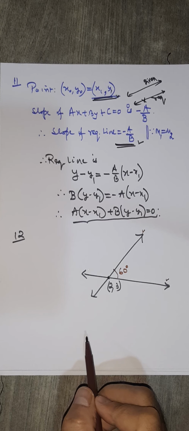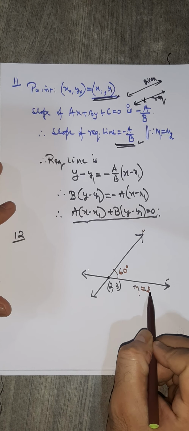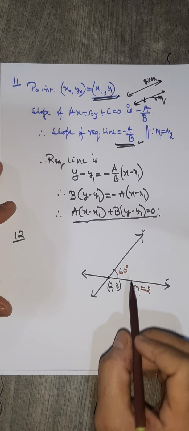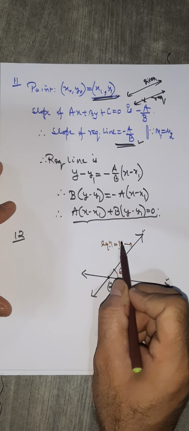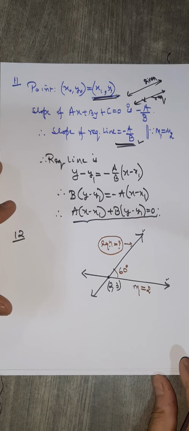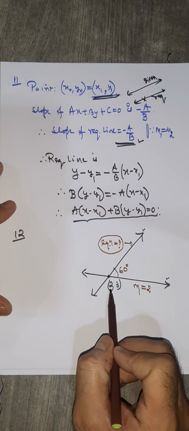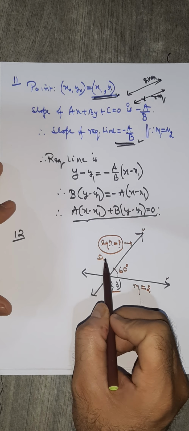If the slope of one line is 2, I'll take this as m1, which is 2. Find the equation of the other line. So we want the equation of the second line. That's the question. What do I need to get the equation of the second line? One point on this line is given, (2, 3). Now I just need to get the slope.